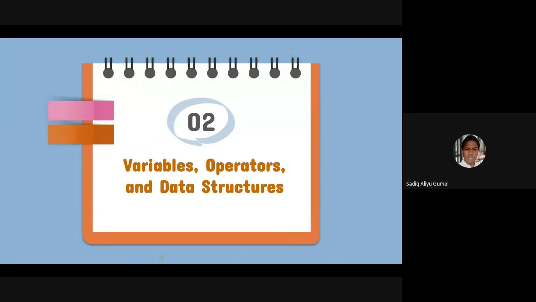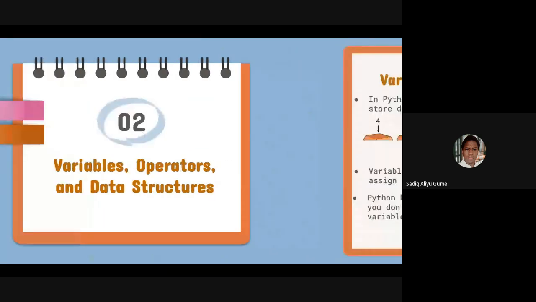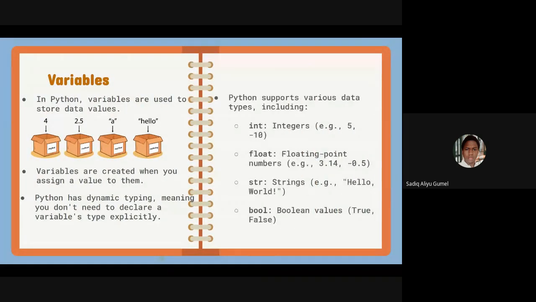So we'll move on to chapter 2, which covers variables, operators, and data structures. So variables, what are they? If we are familiar with any programming, we know what a variable is, which is used to store data. You can assume that a variable is a box in which you can store an item, meaning that you can store data in it.